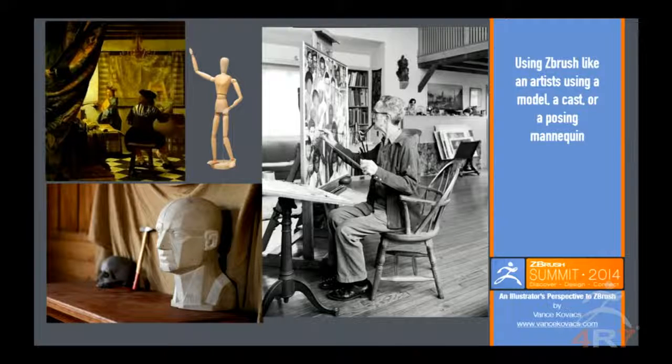It even has a mannequin built in that you can pose just like the old art mannequins, which is really cool. But I wanted to work in that manner. I wanted to set up shots just like I was working with a model, but you don't have to deal with paying anybody. You don't have to deal with calling them up on the phone. And I'm kind of a hermit, so I lock myself in my studio and get to work. ZBrush is kind of like a studio in and of itself to get those things done.